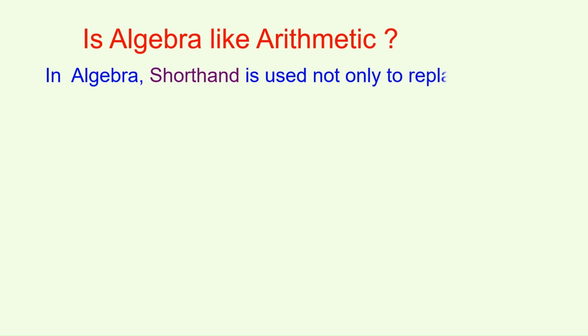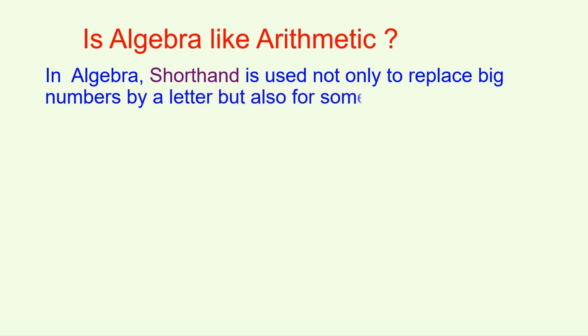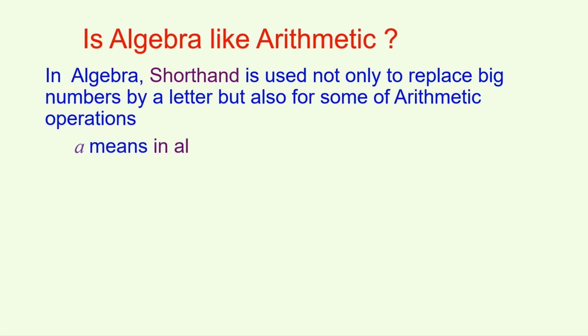In algebra, shorthand is used not only to replace big numbers by a letter, but also for some of the arithmetic operations. A means in algebra 1 times A, or 1A.